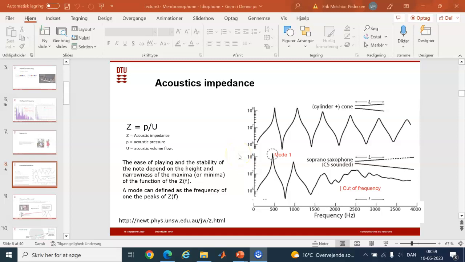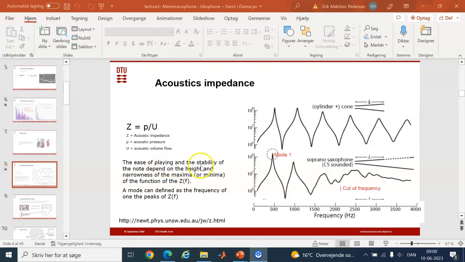Acoustic impedance Z is defined as acoustic pressure divided by acoustic volume flow. In the fundamentals, the acoustic volume flow is defined as volume velocity, so it should be the same.